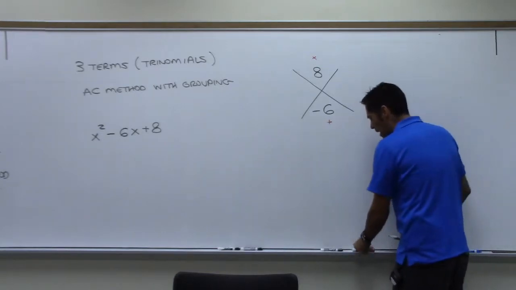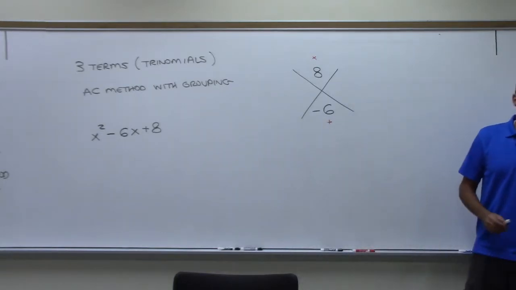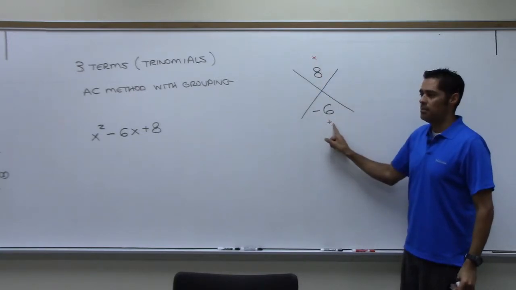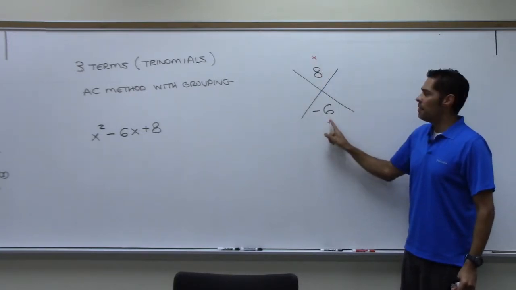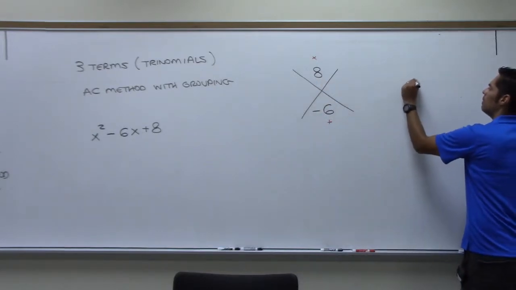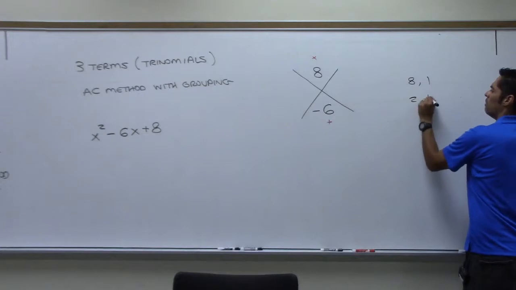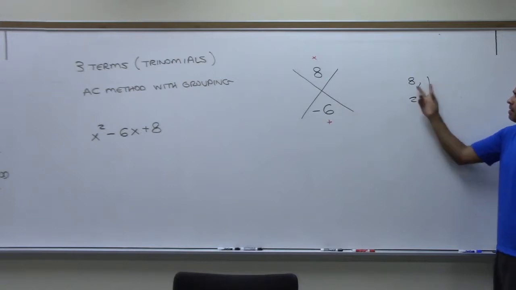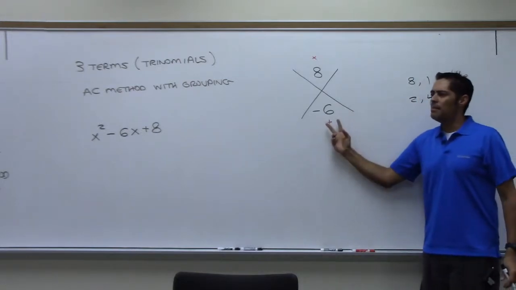I need you to mentally come up with two numbers that will multiply to be this and add to be this. The obvious choices for numbers that multiply to be 8 would be 8 and 1, 2 and 4, right? Those are the only numbers you can think of that multiply to be 8. But I need the numbers we choose to add to be a negative number.